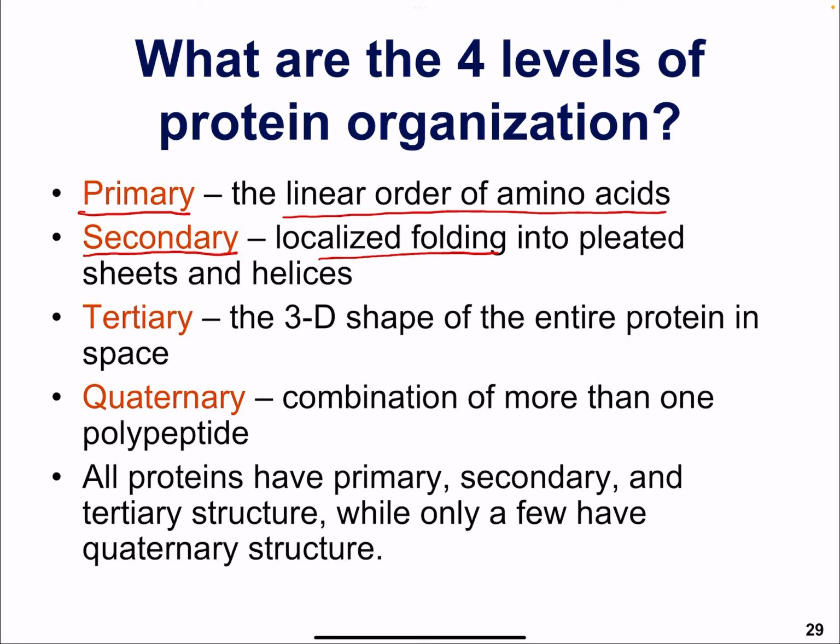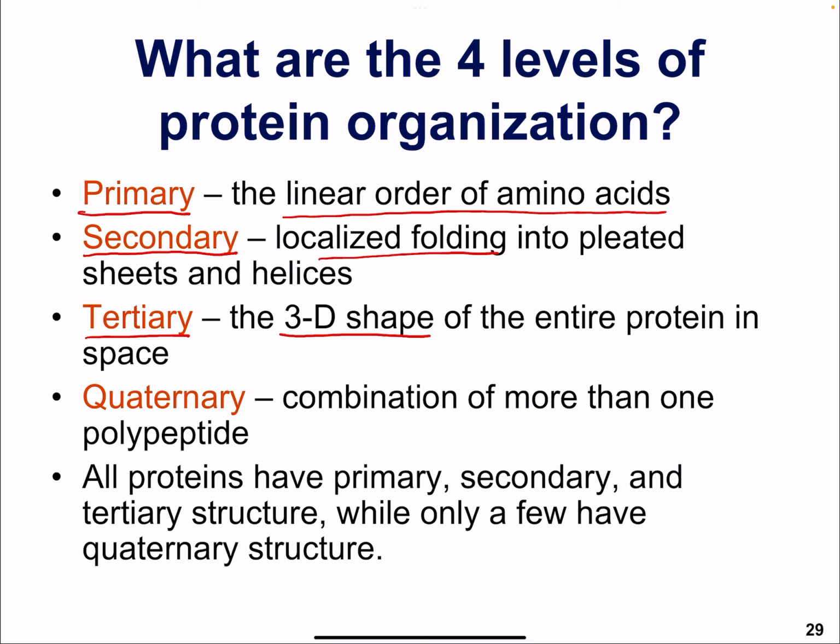Beyond that secondary shape, you are going to have the tertiary structure. The tertiary structure, or 3D shape, is the single most important characteristic for the function of a protein. Let me repeat that. The 3D shape is the single most important characteristic for the function of a protein.